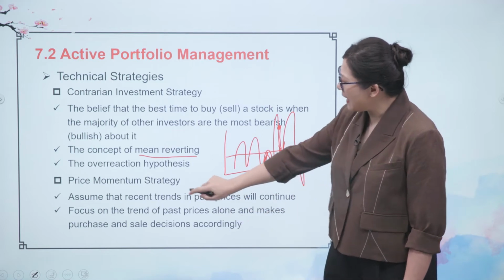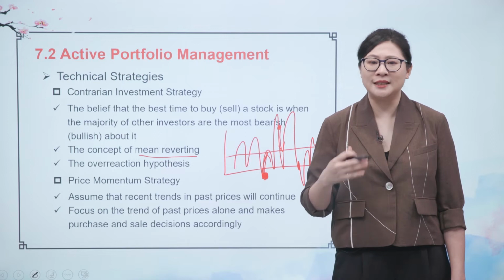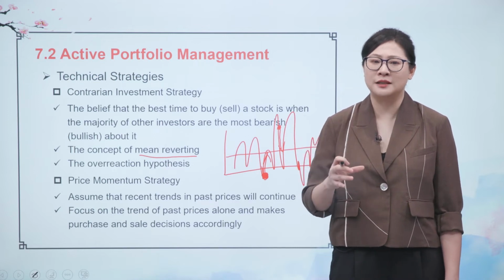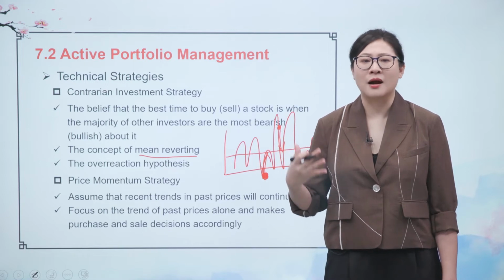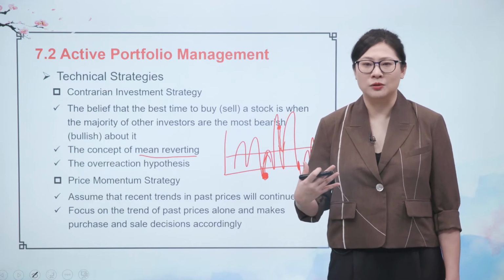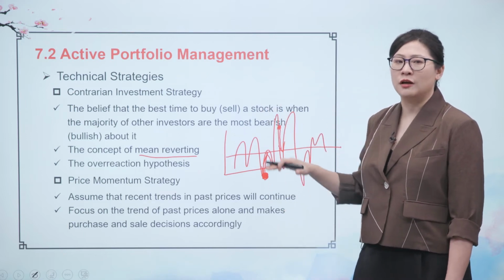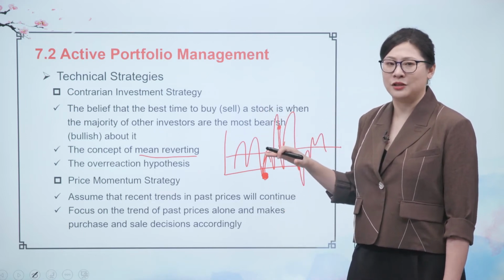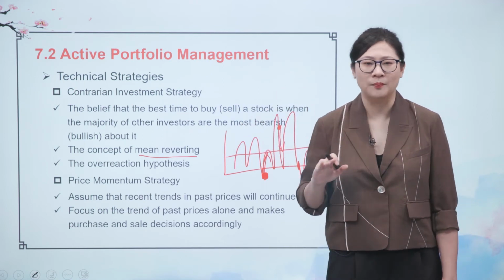But compared with that, if we are thinking about a momentum strategy, we think the past price trend will continue, which means we underreact to the news for the stock price. So that's the difference between the technical strategies, which are contrarian and price momentum.